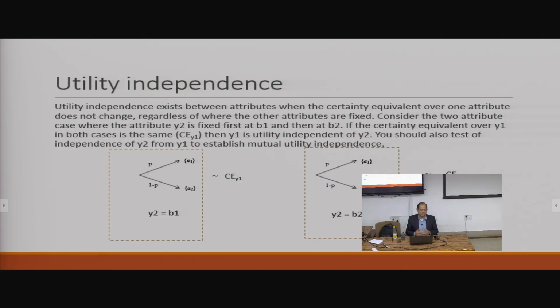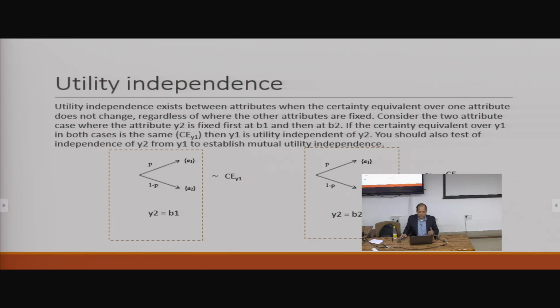So utility independence extends the notion of preferential independence to the case where there's uncertainty present. And utility independence implies preferential independence. So if you have utility independence, you can assume that preferential independence exists. But of course, the reverse is not true. Preferential independence does not imply utility independence.